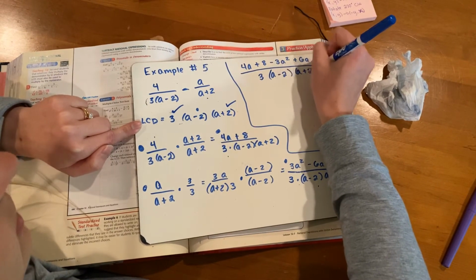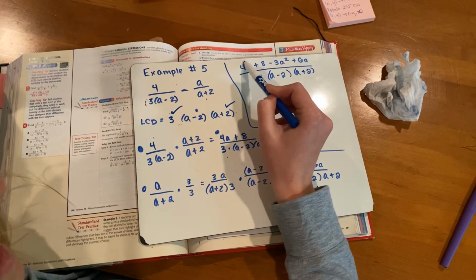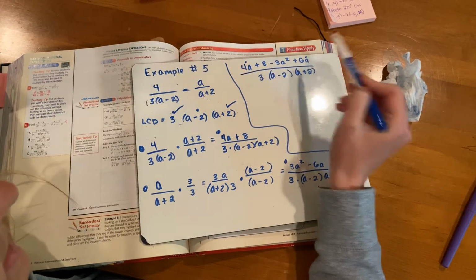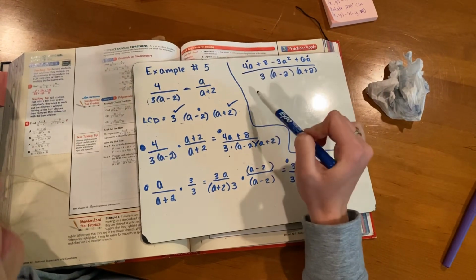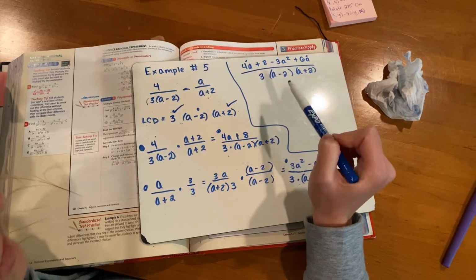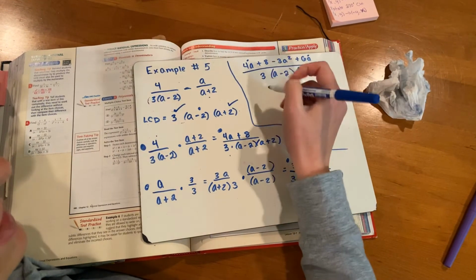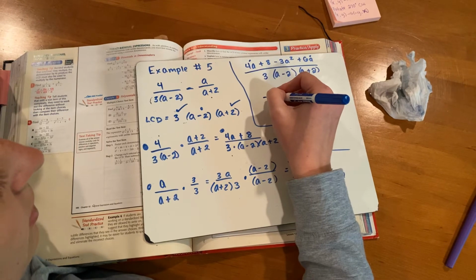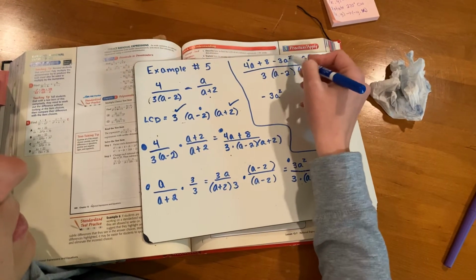And now I'm going to look for like terms to bring together, then I'm going to write it in descending order. I have a 4a and a 6a, so that's going to be 10a. My 8 is by itself, it's just a constant, and then I have a negative 3a squared. I don't have any other a squared, so it's by itself. So in descending order first, I'm going to have negative 3a squared taken care of.